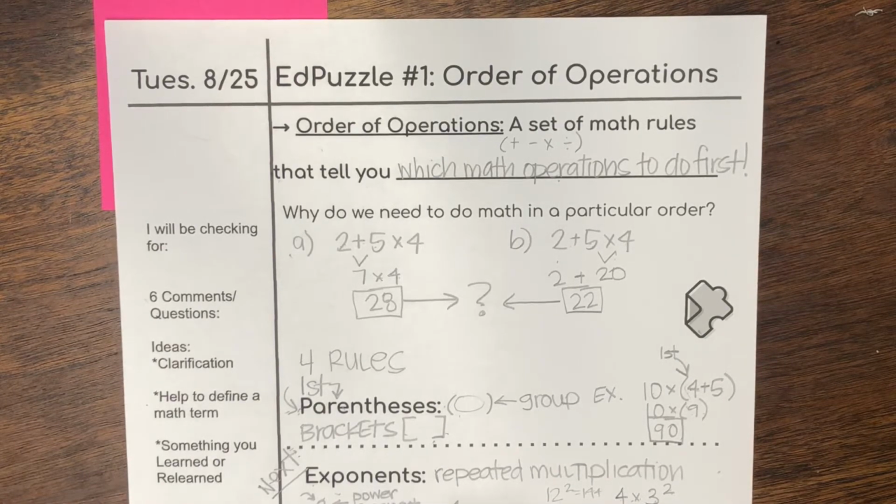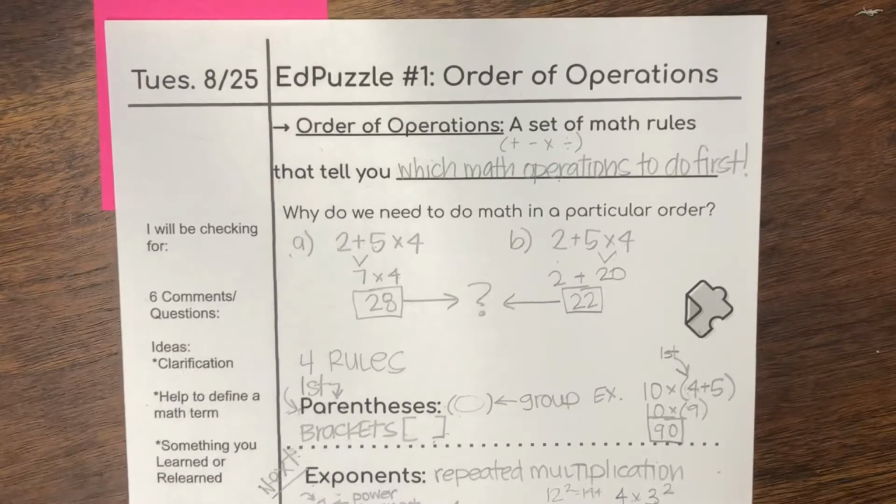So if it said 4 times the quantity 2 plus 5, you would take care of the parentheses and then multiply it by the 4. You're saying that we have 4 groups of 2 plus 5. Sometimes the multiplication sign is a little dot, and sometimes it's just next to the parentheses, okay? So it looks a couple different ways.